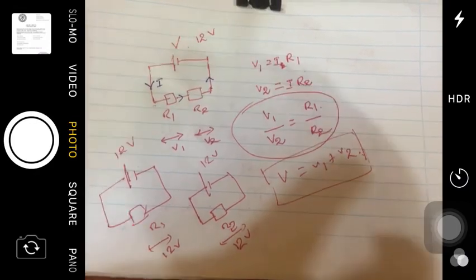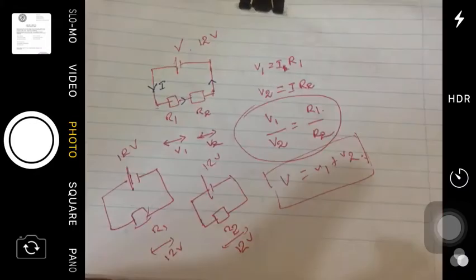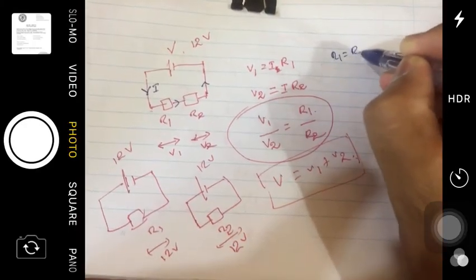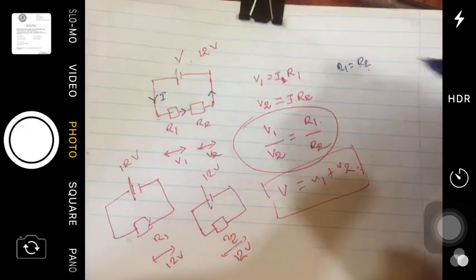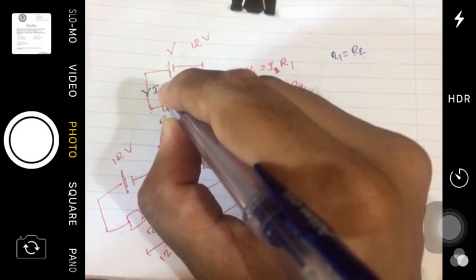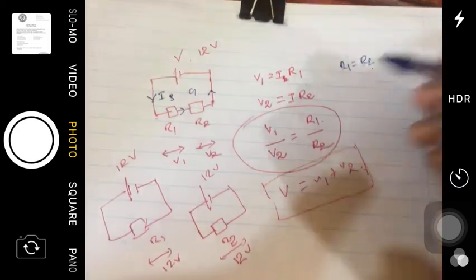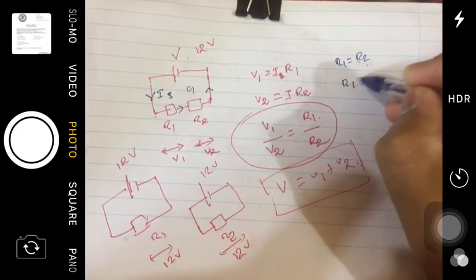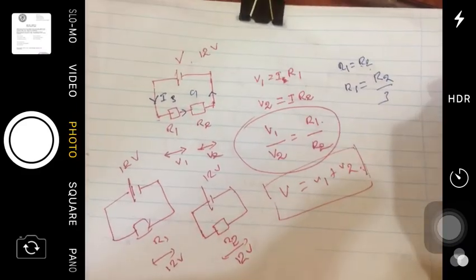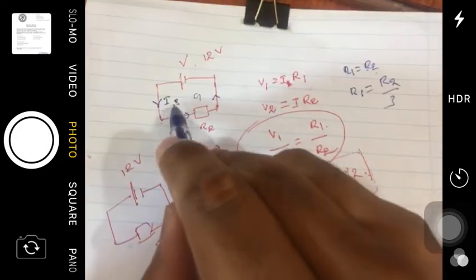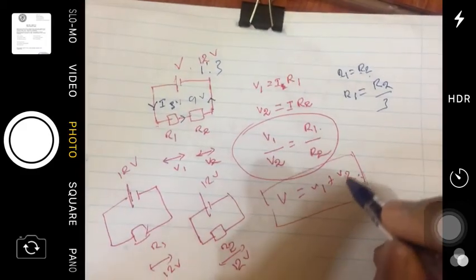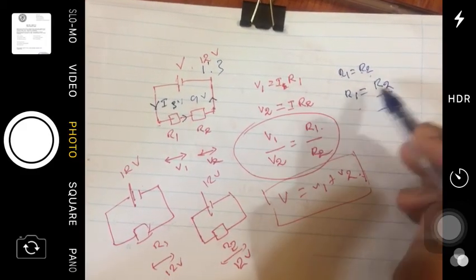If you have 12 volts and you want to divide it into 6 and 6, then you have to use two resistors of equal value. If you want to divide them into, say, 3 and 9, then R1 should be 1/3 of R2, because if this should be split into 3 volts and 9 volts, that is, the ratio is 1:3, then the resistance should also follow the same ratio.